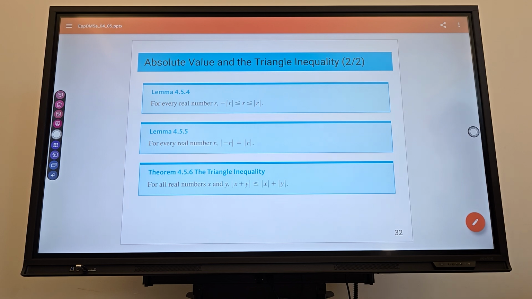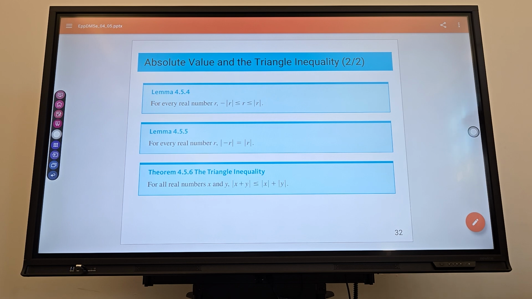For every real number r, negative absolute value of r is less than or equal to r, which is less than or equal to the absolute value of r. For every real number r, the absolute value of negative r is equal to the absolute value of r.